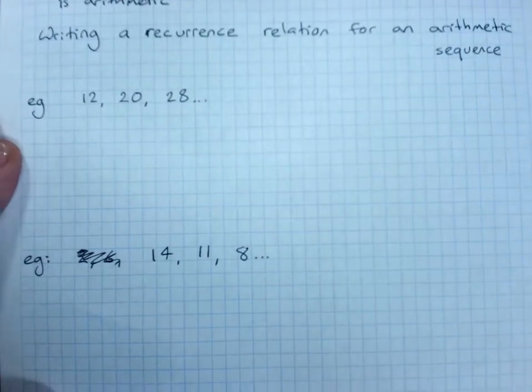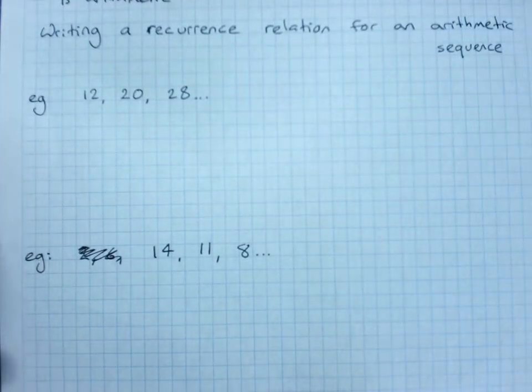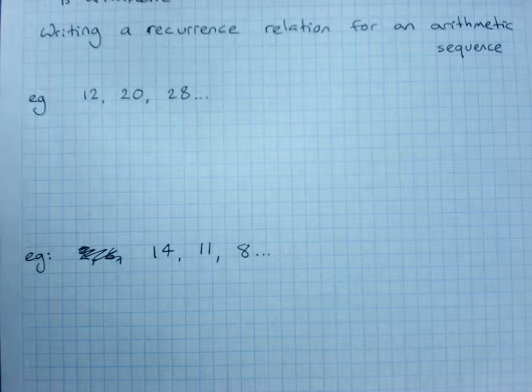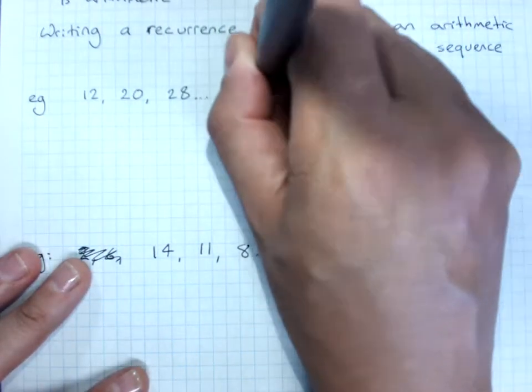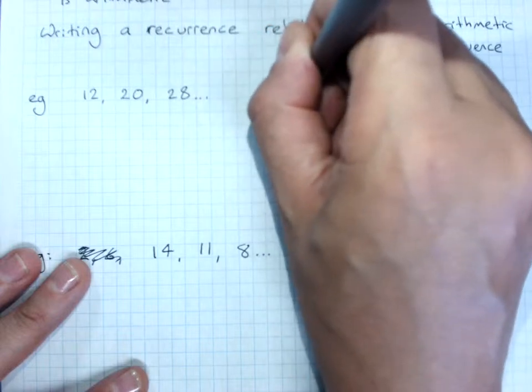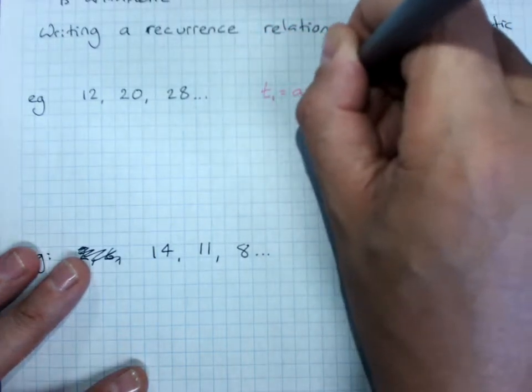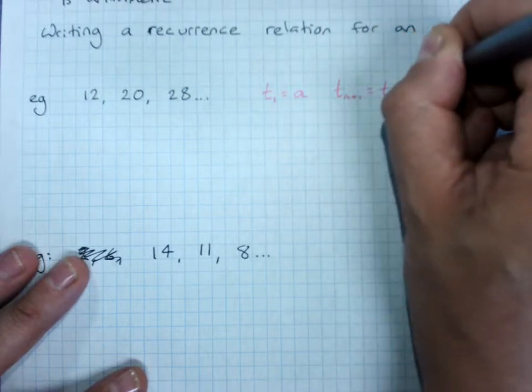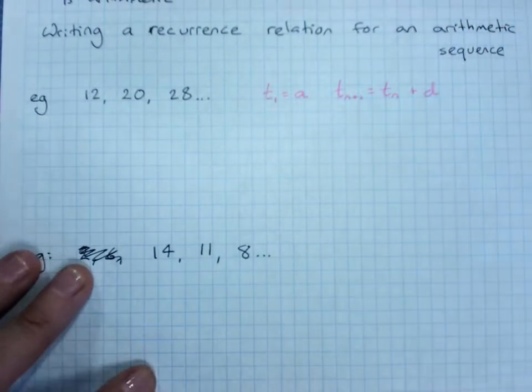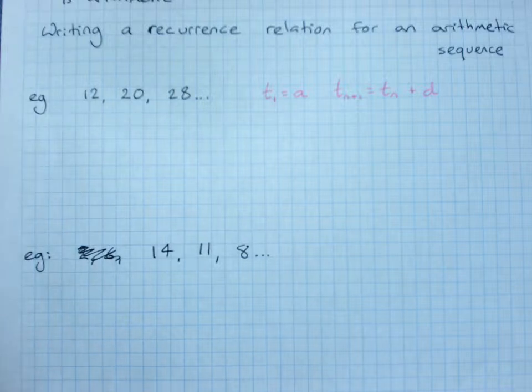We need to be able to write a recurrence relationship for an arithmetic sequence. And you will remember that the form of a recurrence relationship is T1 is A, Tn plus 1 is Tn plus D. I don't know why I went to a different colour, it just looks pretty.